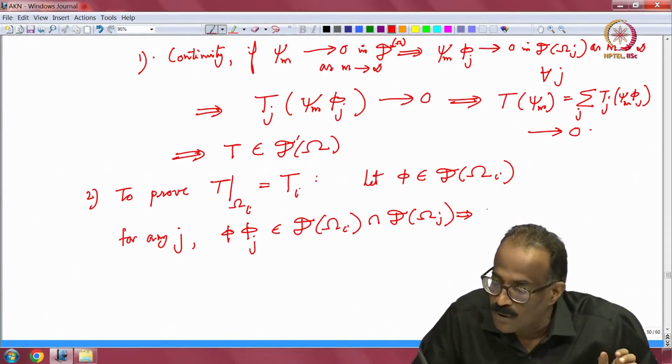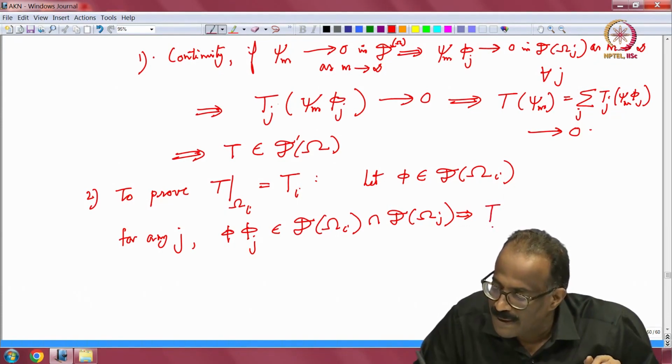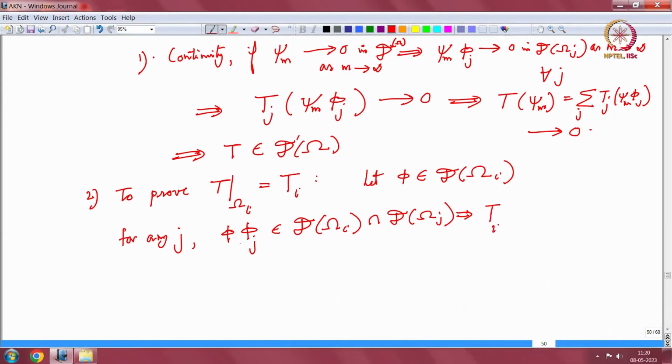So, Ti and Tj are the same, for j fixed, for anything phi j has that one. So, Ti of phi j is same as Tj of phi j, because it has support in that, phi j is a fixed quantity. Okay. This is true.